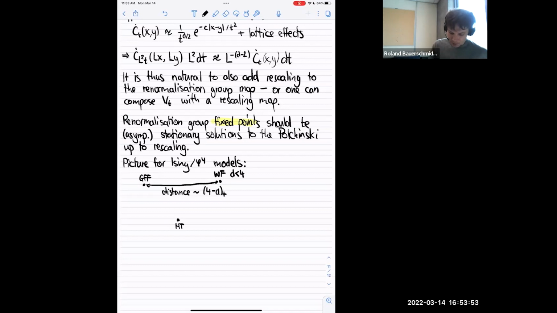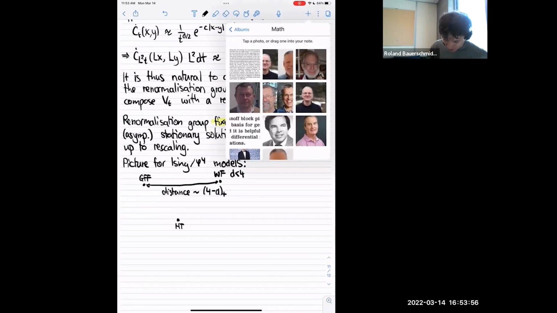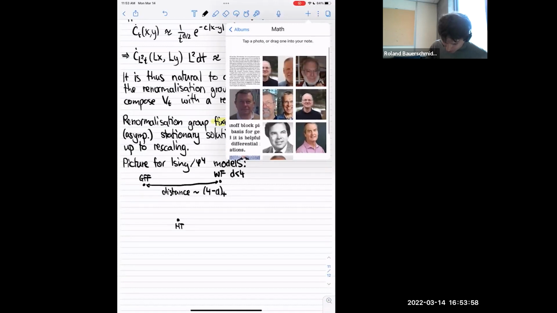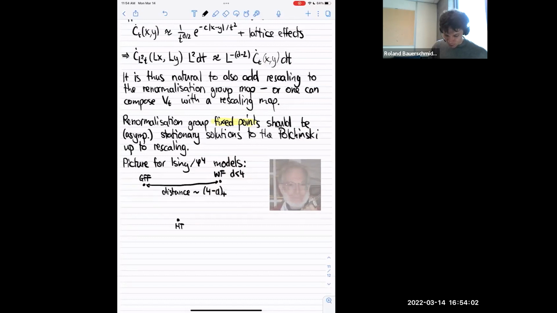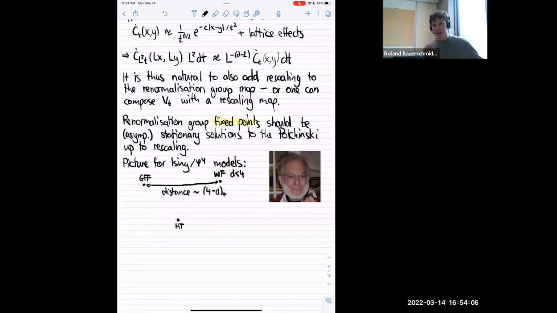And so this is another opportunity to insert a picture. Let's see where he is. I mentioned this is called the Wilson-Fisher fixed point. I've already had a picture of Wilson. This is Michael Fisher, who studied this picture with Wilson.